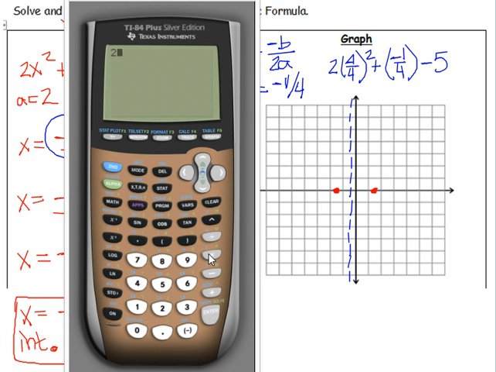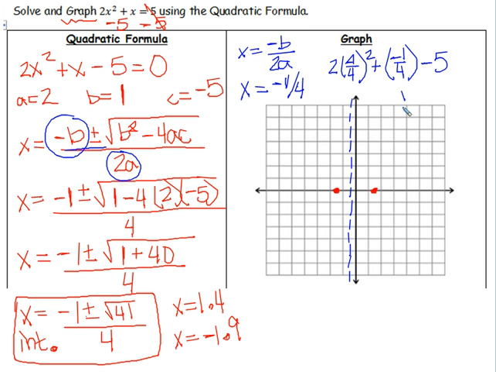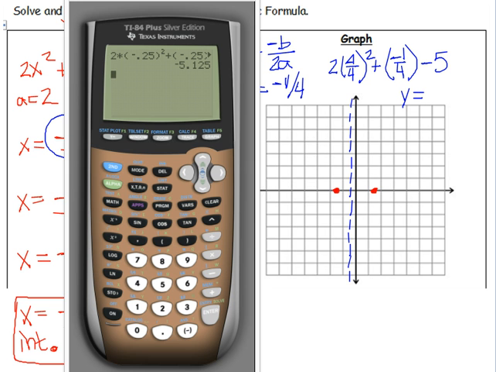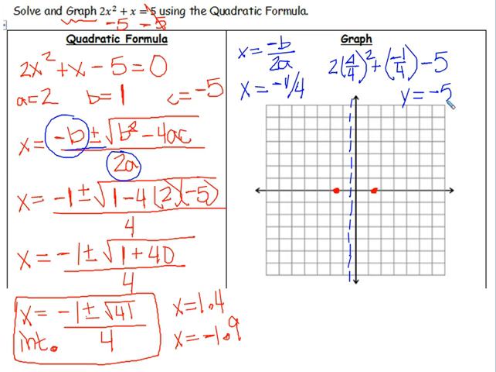I'm going to use a decimal, -0.25 instead of a fraction, but you can use a fraction if you want to. So we have 2 times -0.25 squared plus -0.25, and we subtract 5. Our y value of the vertex is -5.125. So there's our vertex.